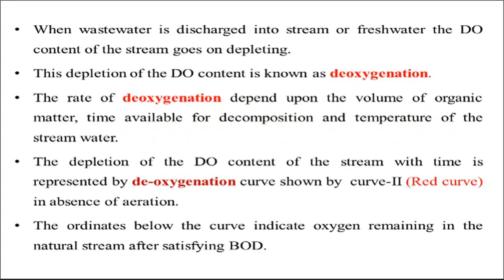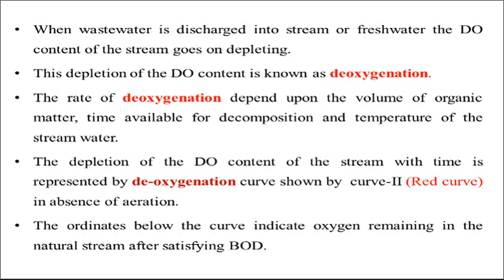When wastewater is discharged into the stream or freshwater, the DO content of the stream goes on depleting, as we have seen in the oxygen sag curve. This depletion of DO content is known as deoxygenation, or you can say reduction of DO.